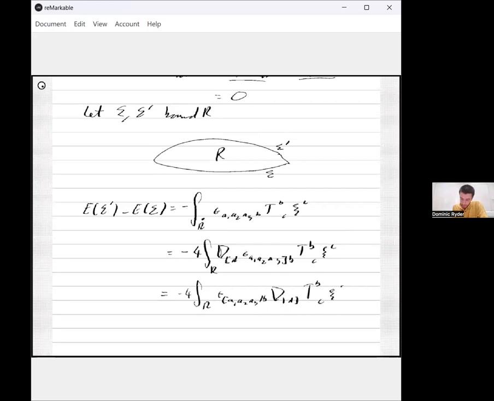Sorry, but here sigma and sigma prime are hypersurfaces, so they are non-compact. They bound a non-compact region, right? I mean, they extend all the way up to infinity. They don't have to extend out to infinity.